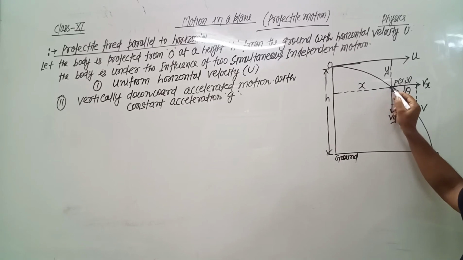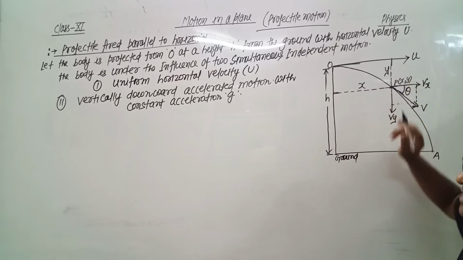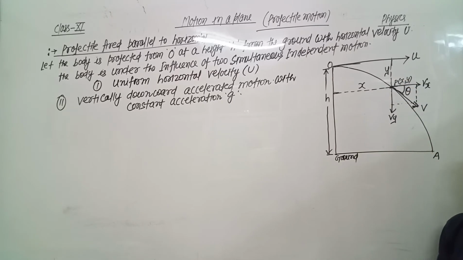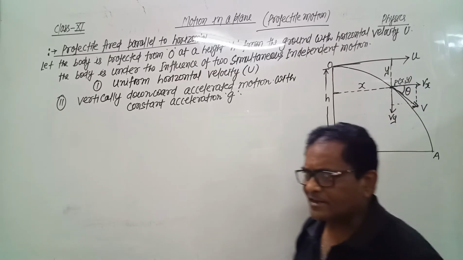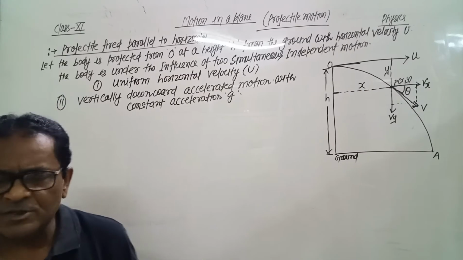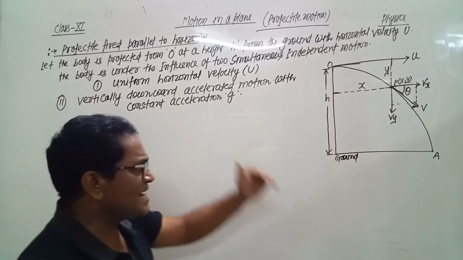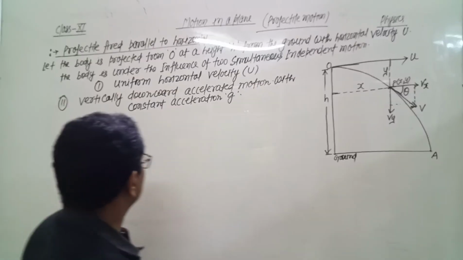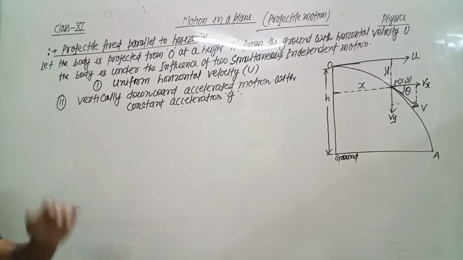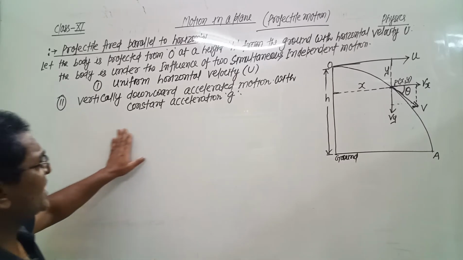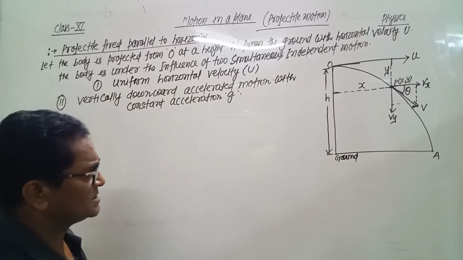As for example, at point P, the body has covered x distance as well as y distance. So in the x direction, the body is moving with uniform horizontal velocity, and in the y direction, the body is moving vertically downward with constant acceleration g.